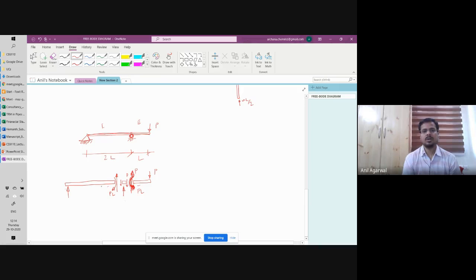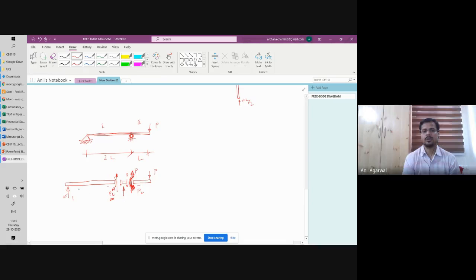That means for moment balance, I have to get a force here. So how much will be the force here from moment balance of the first part? How much vertical force will be here at this support? This moment you've got, right? External moment PL is acting here. You agree with that, right?